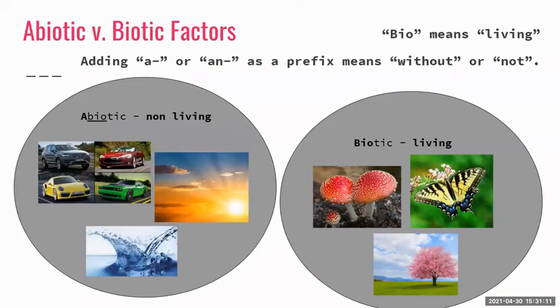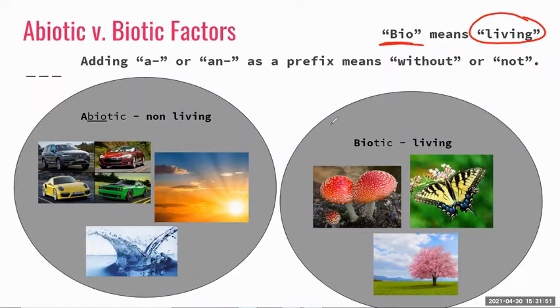One easy way that I like to remember these words is by breaking them down. So remember that bio means living. In the study of biology, we are learning and studying about living things.